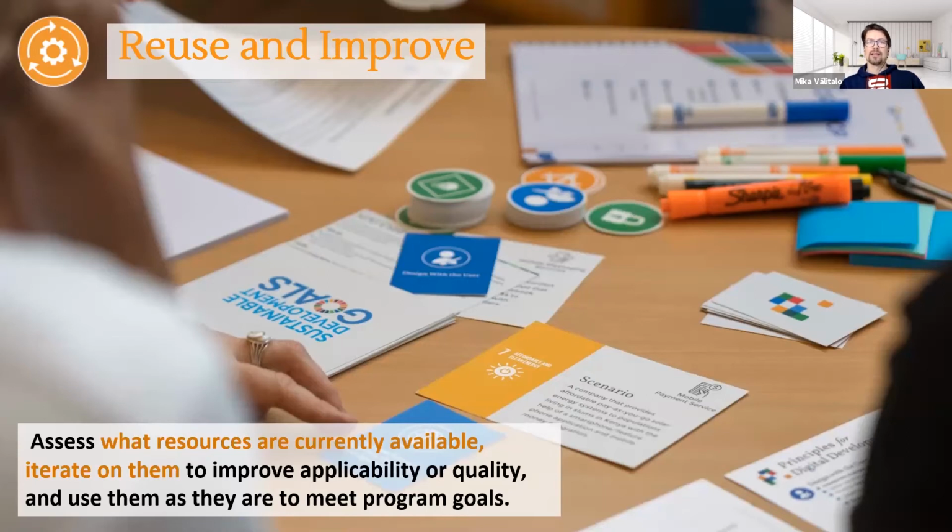For example, companies may be very willing to modify their existing products with much less time and money than compared to starting with something that doesn't yet exist. So what resources are currently available? Iterate on them, improve applicability and quality. And it doesn't only apply to, for example, digital devices or services.